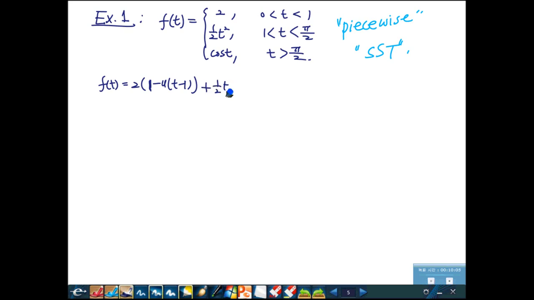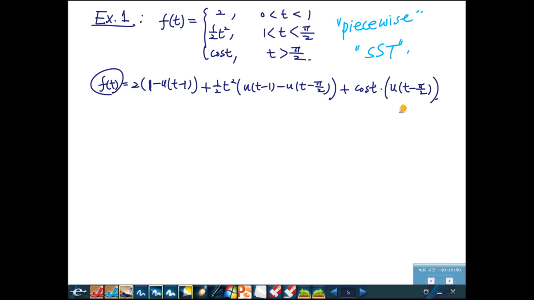And plus 1/2 t squared times u of t minus 1 minus u of t minus pi over 2, and plus cosine t times u of t minus pi over 2. And it's 0 at minus infinity, right? So that's it. That's the function f with respect to the square functions.